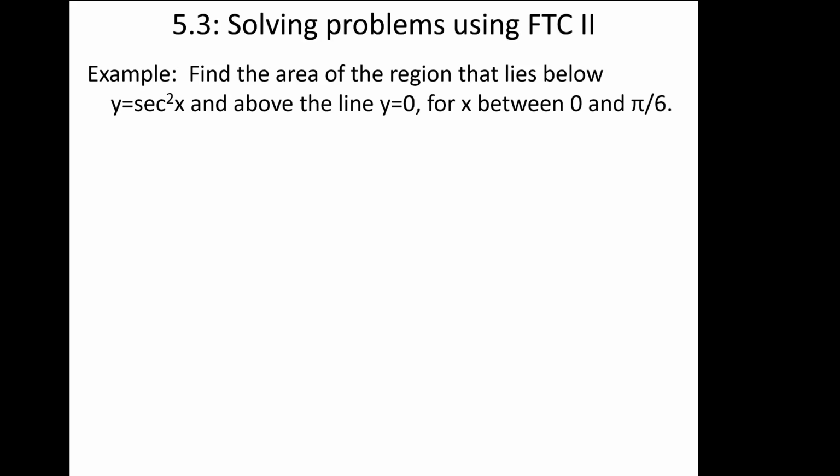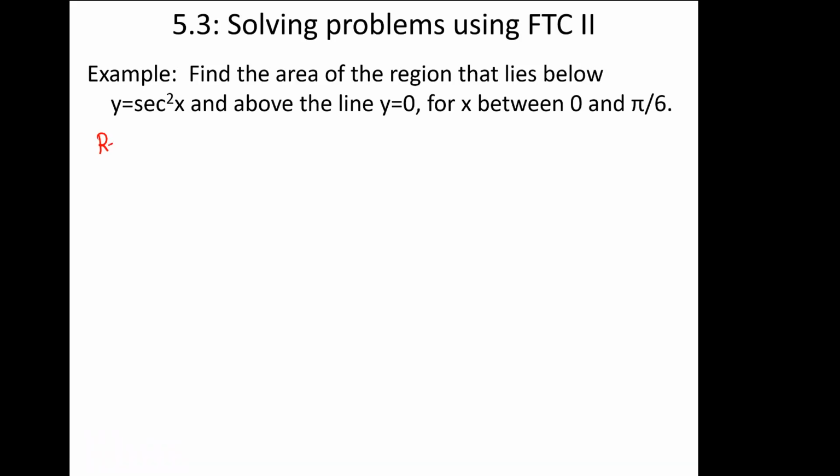All right. A more complicated looking question. It is harder, but here we go. It's not that bad. The question is asking us to find the area of the region that lies below y equals secant squared x and above the line y equals 0 for x between 0 and pi over 6.